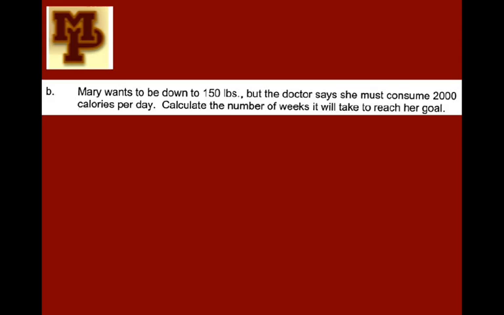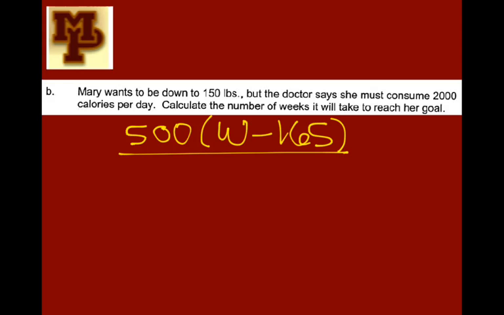So in this one, we know the weight, and we want to solve for t. So we're going to use this equation, the one that we worked hard to solve for t. So we have 500 times W minus 165 over C minus 2160. This is the one that we just solved for t a little bit ago.